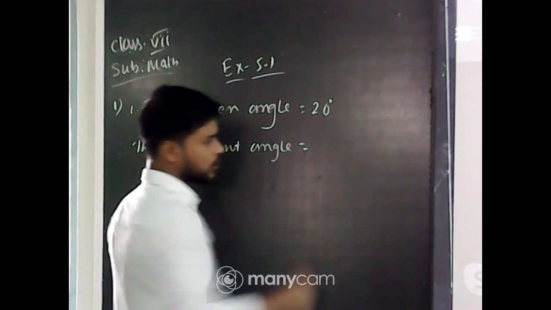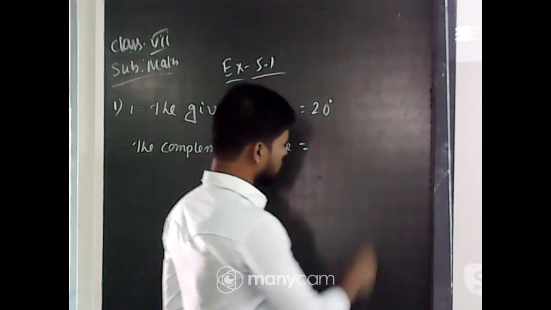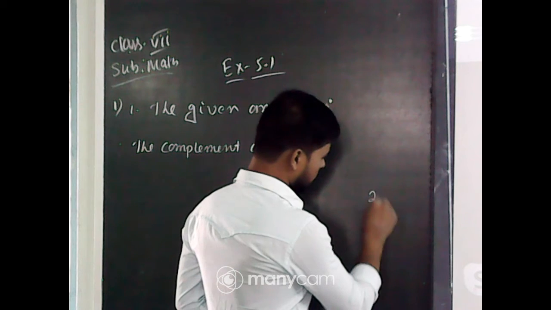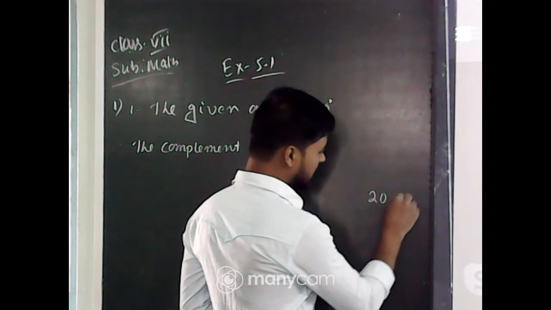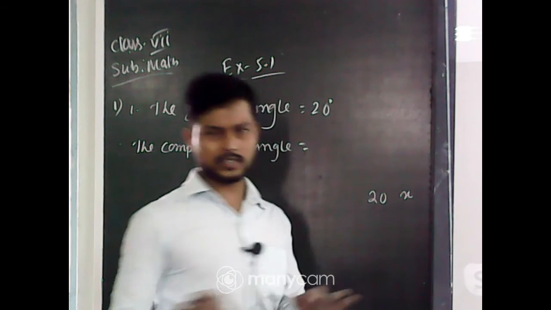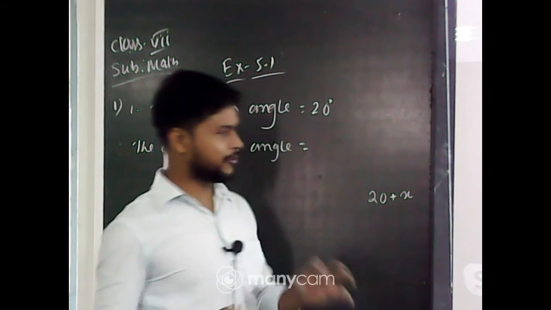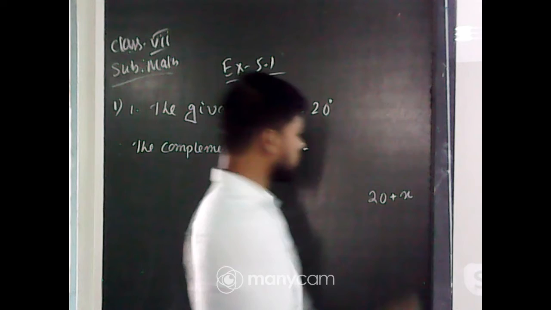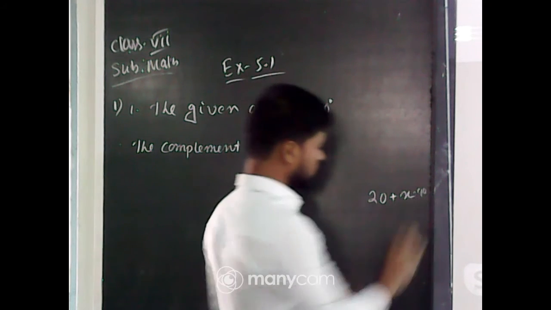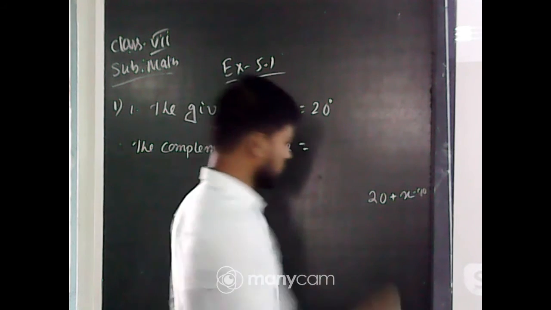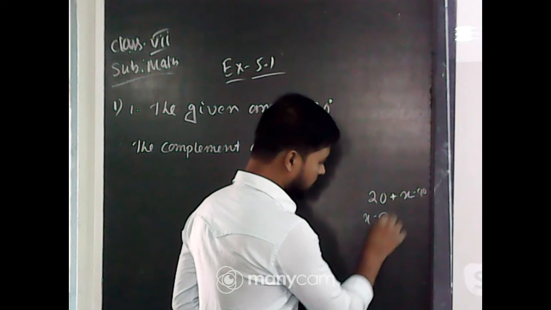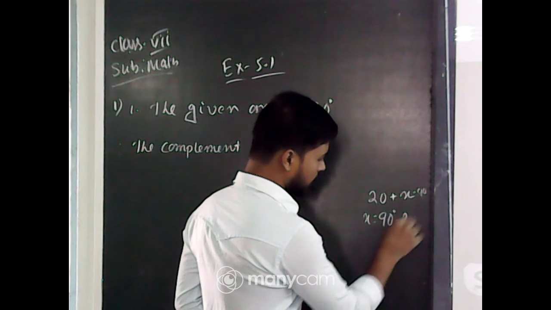Look at the procedure. Suppose the complement angle of 20 is x. According to the condition, if we add the angles, the result must be equal to 90 degrees. So 20 plus x must be 90 degrees. So what will be the value of x? The value of x will be 90 degrees minus 20 degrees.